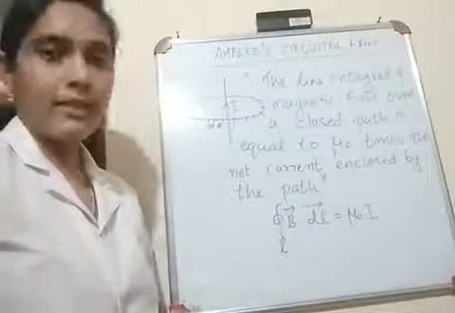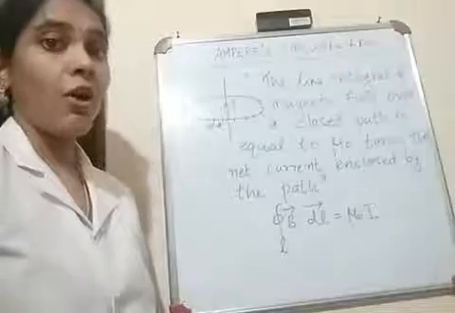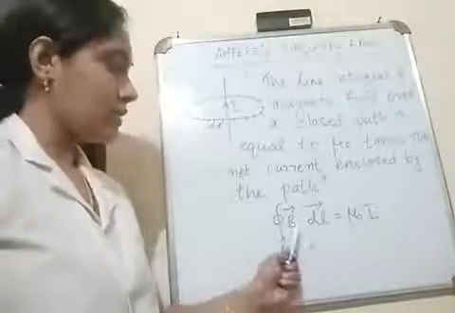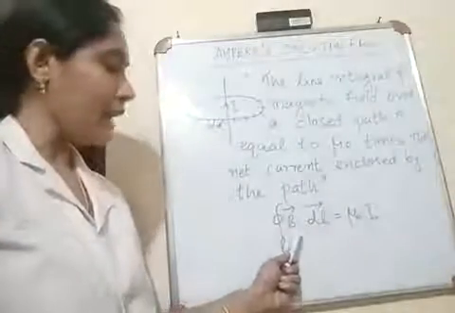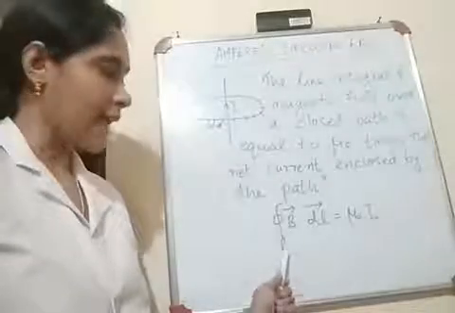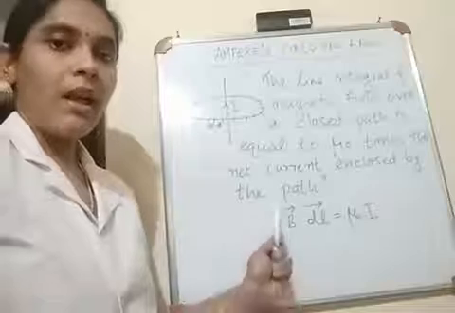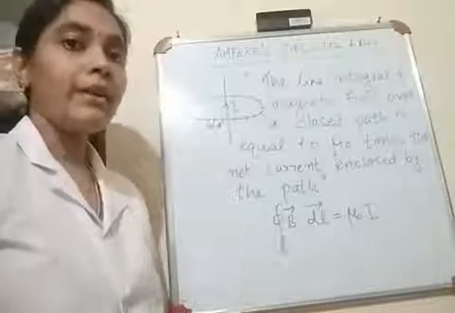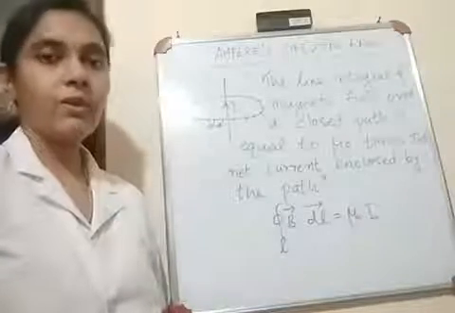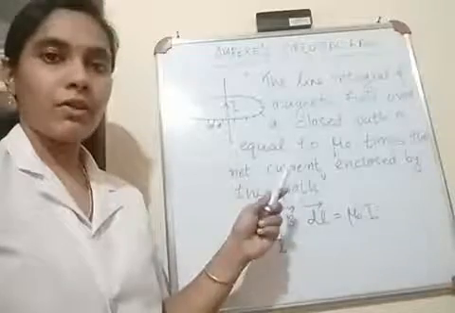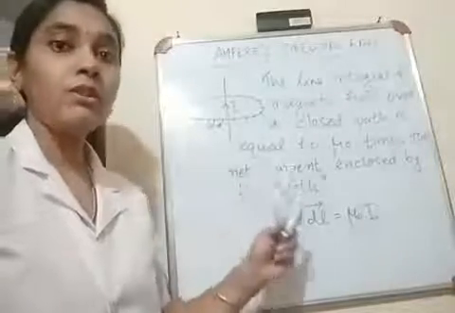That integration is known as integration over dl, so that is a line integral. That's why L is written here: the line integral of B dot dl, and again it's a closed integral because we are integrating over a closed path. So in Ampere's circuital law, we need to focus on the closed path.